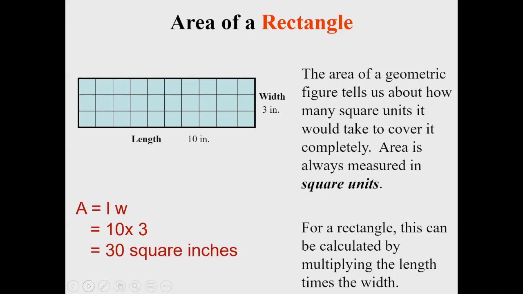Let us start with area of a rectangle. Area of a rectangle is calculated using the formula length times width. Look at this example.